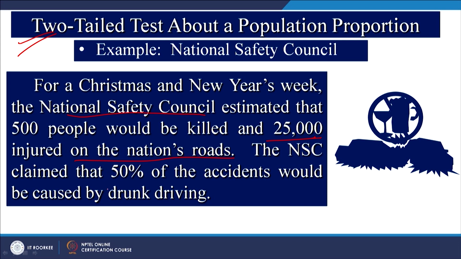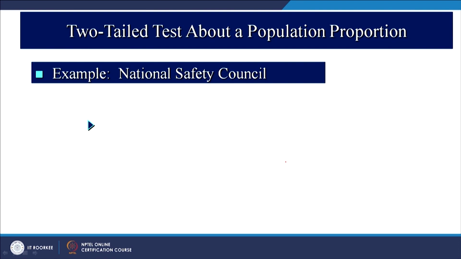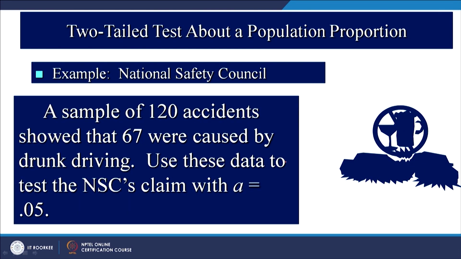The NSC claimed that 50% of the accidents would be caused by drunk driving. The council takes a sample of 120 accidents and showed that 67 were caused by drunk driving.